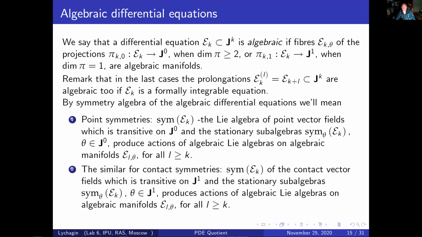Preserving our equation, if the equation is algebraic, looks like some algebraic equation for the group elements. So we expect that groups will be algebraic themselves. But when we talk about Lie algebras of symmetries, first of all we never know whether we know all symmetries or only part of them. The whole algebra of symmetries will be algebraic, but a subalgebra maybe not. Maybe yes. Strictly speaking, you should check it.